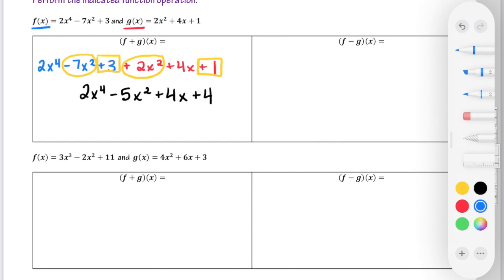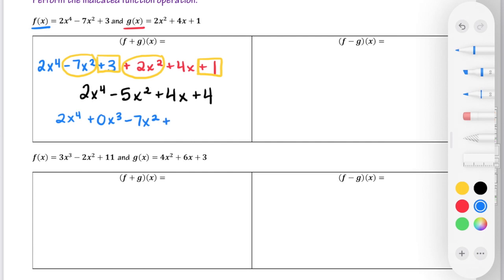You could also do this where you line it up vertically. So when you do that, you would write the f on top, but you would need to leave space for any missing terms. So like I have 2x to the fourth, and then I don't have an x cubed, so I would have to put plus 0x cubed.